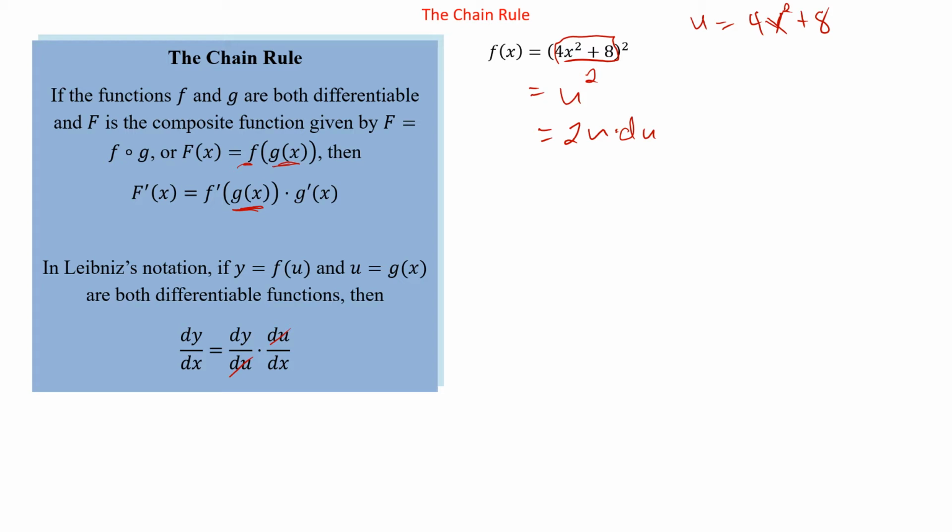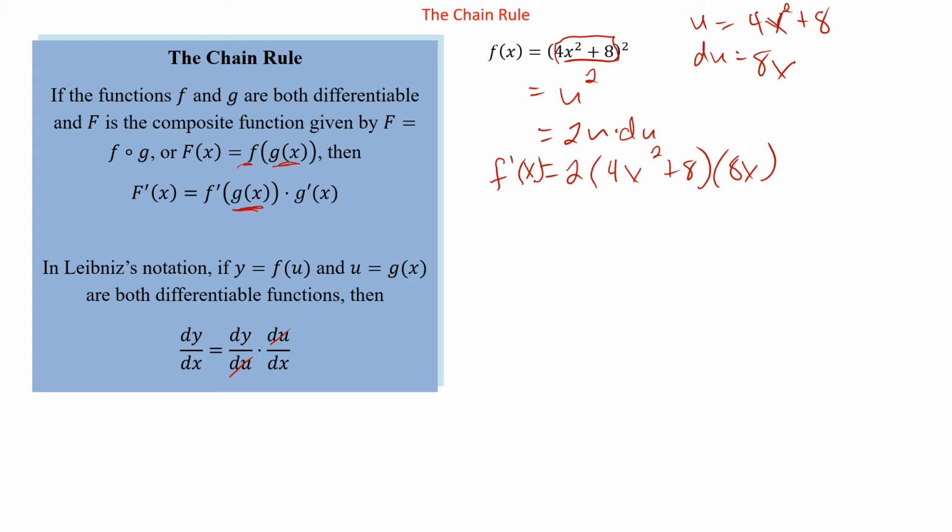So what's the derivative of u? 4x squared becomes 8x, plus 8 is a constant, so that goes away. So du equals 8x. Now we substitute the u and the du back in to get f prime of x equals 2 times u, which was 4x squared plus 8, and then times du, which is 8x.